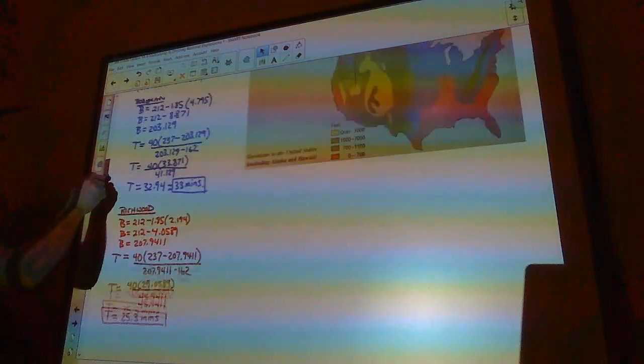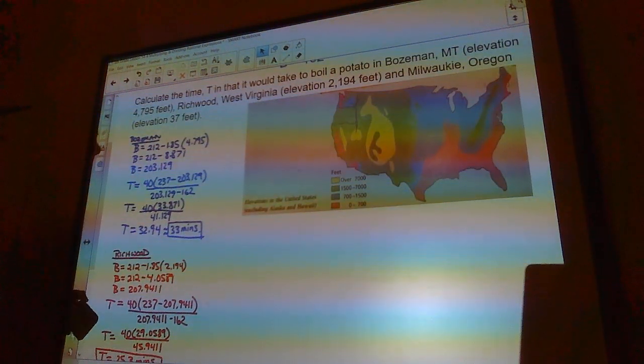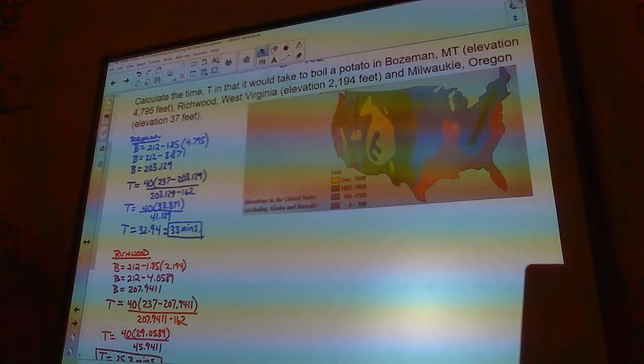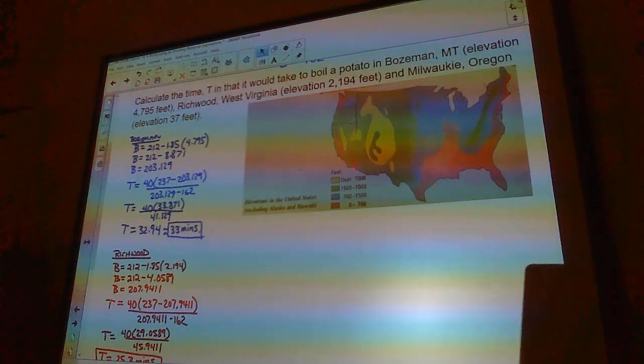Okay, so I'm going to let you pause the video and do the Milwaukie one and see how long it would take to boil a potato there, and then you can jump back on and see how you did.